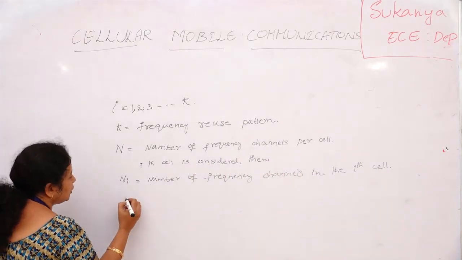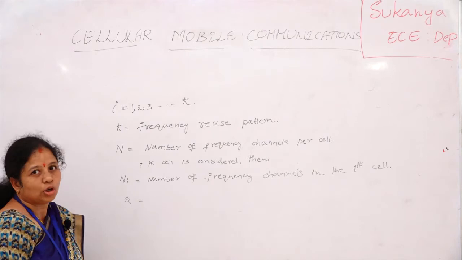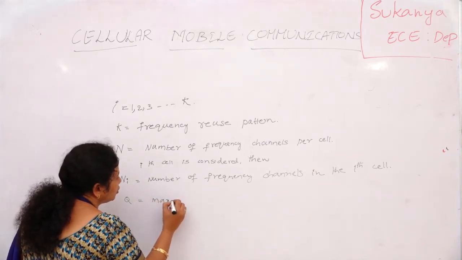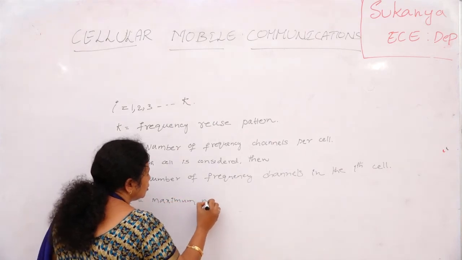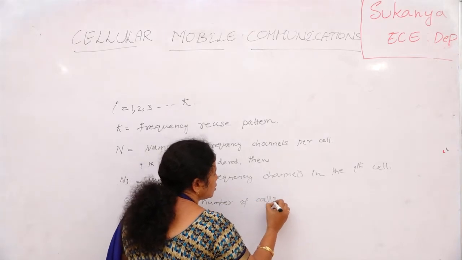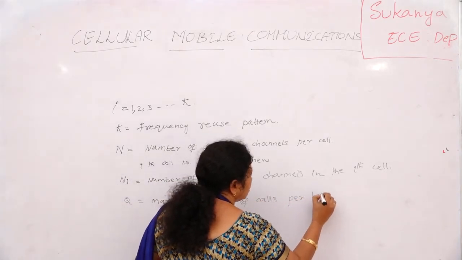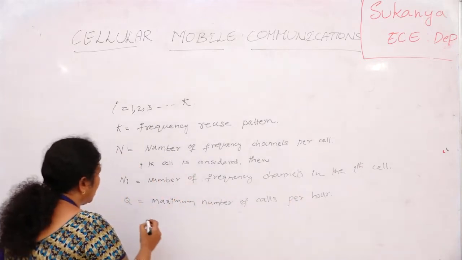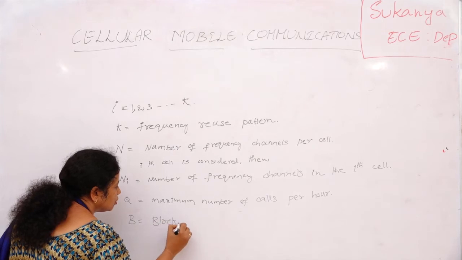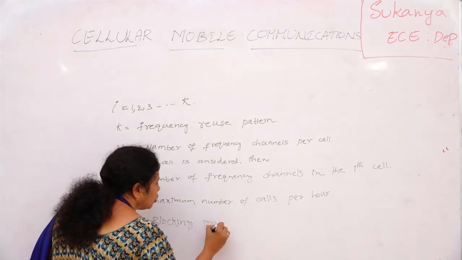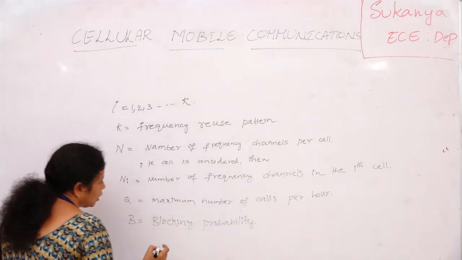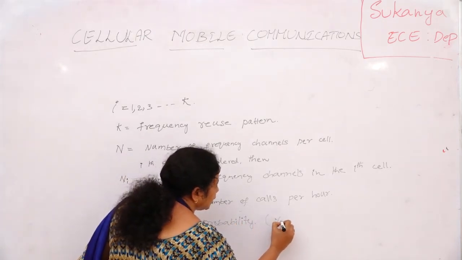And the another parameter is the Q. Q is used to represent the maximum number of calls per hour. And the another parameter is the blocking probability. Always it is mentioned in percentage.